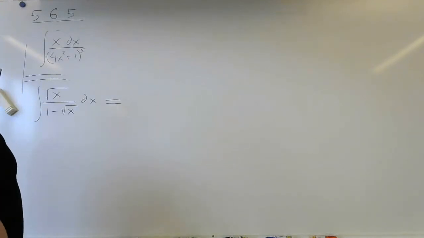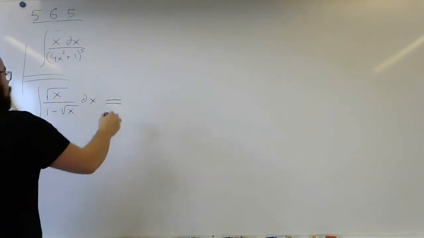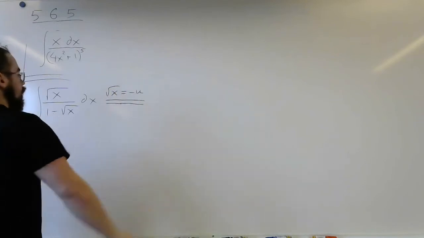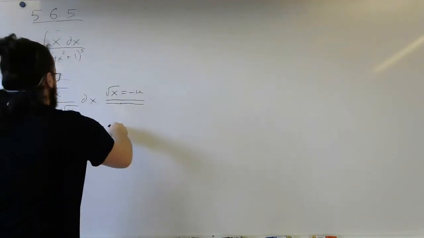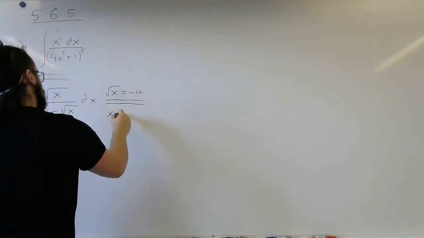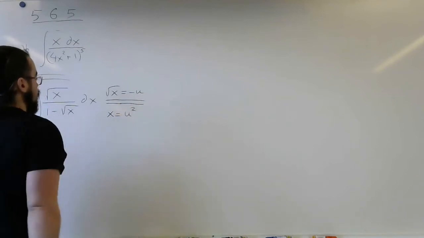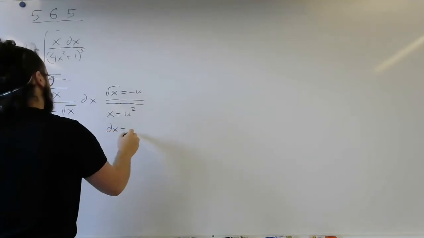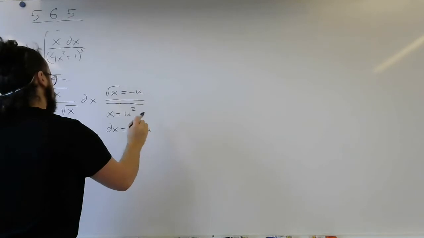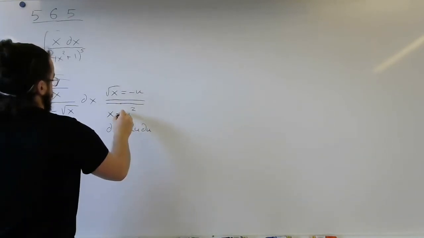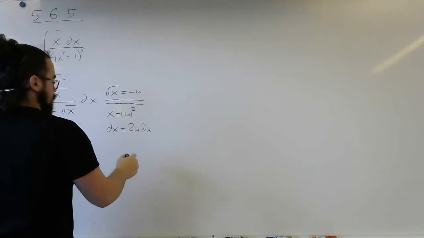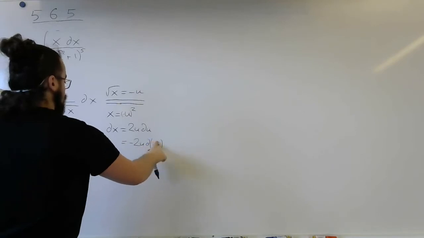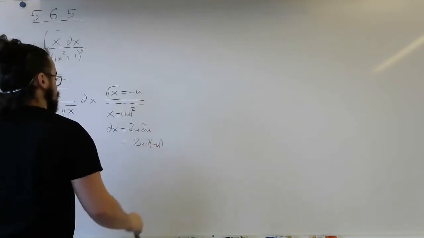the substitution here is kind of intuitive, and we say square root of x equals minus u. Why minus u? You will see why. Here, x is u squared. Right? You can always do that.